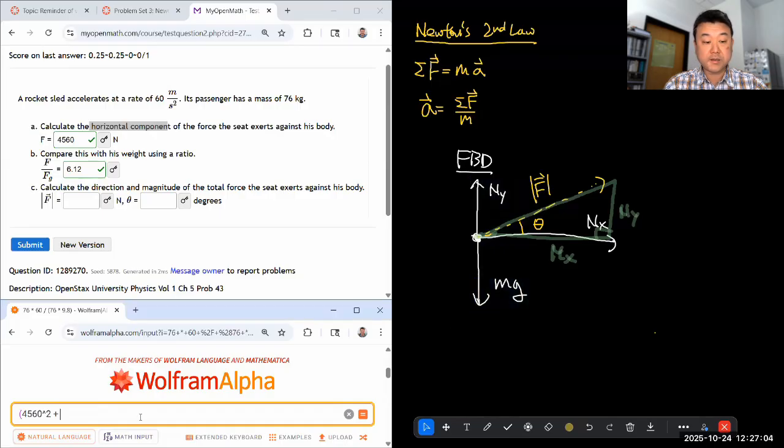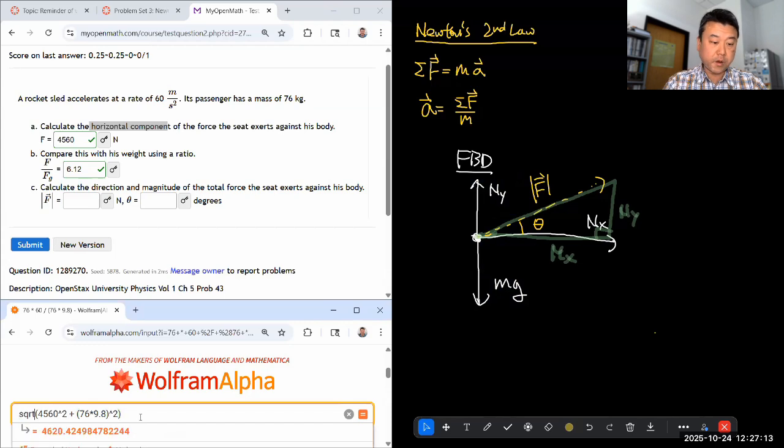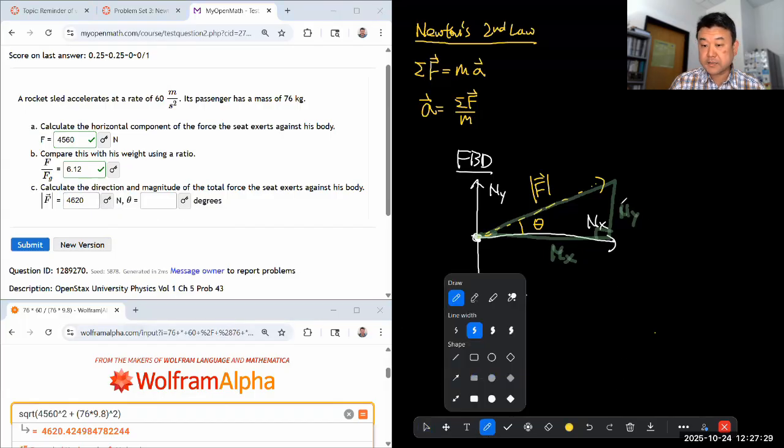So I'm just going to put that in, mg of 76 times 9.8, squared. The whole thing square rooted. So yeah, it's different enough that I do have to take that into account. 4620 Newtons.